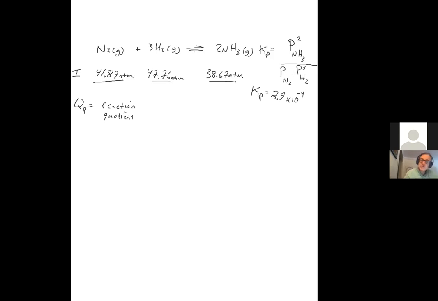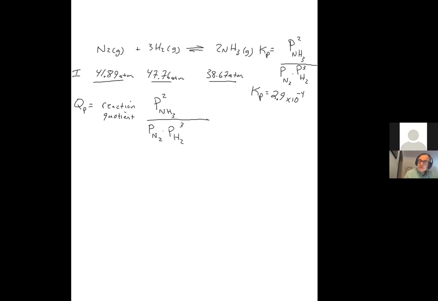And mathematically, it's calculated in the same way that K sub P is calculated. It's the pressure of the ammonia squared, divided by the pressure of the nitrogen, divided by the pressure of the hydrogen cubed.